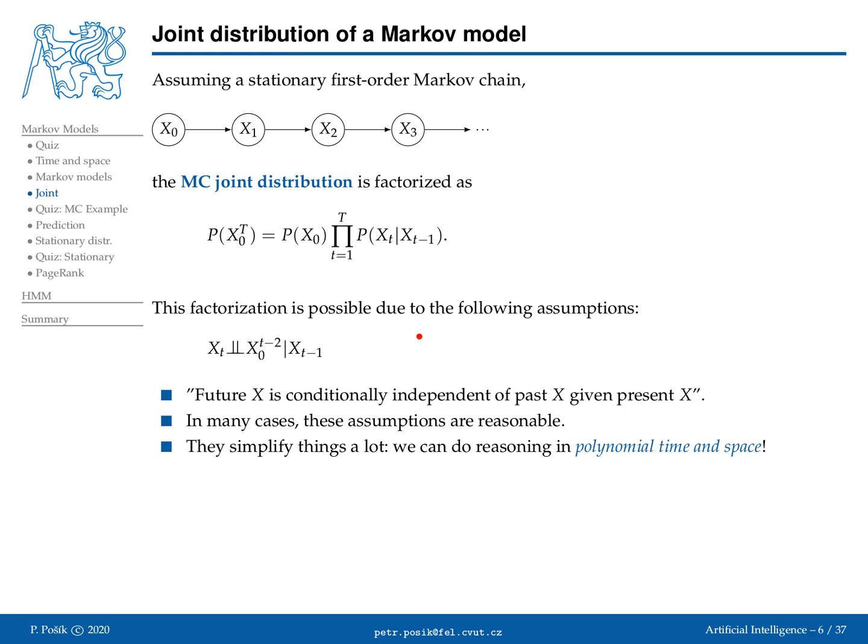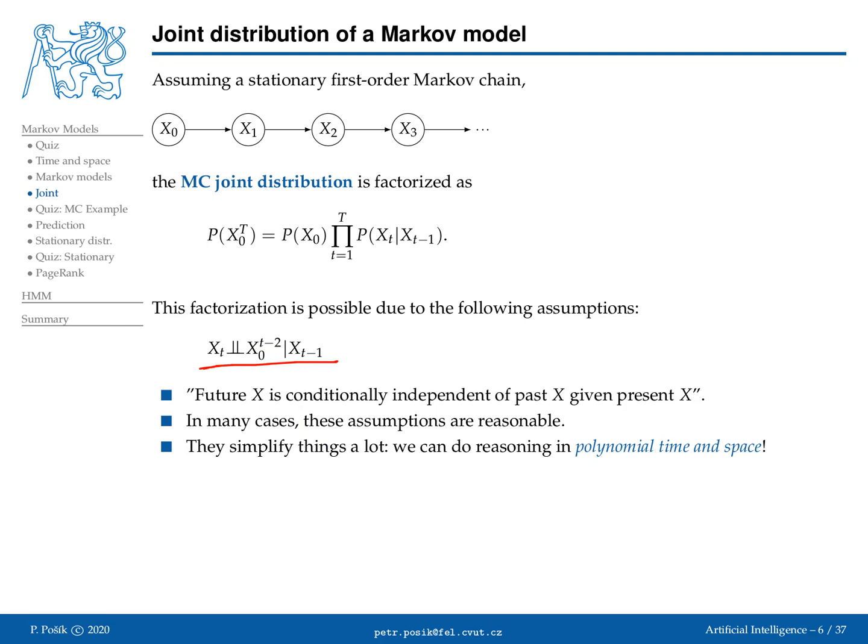This factorization is possible due to the independence assumptions that we already talked about: that xt depends only on xt minus 1, and given xt minus 1, it's independent of all the previous predecessors.